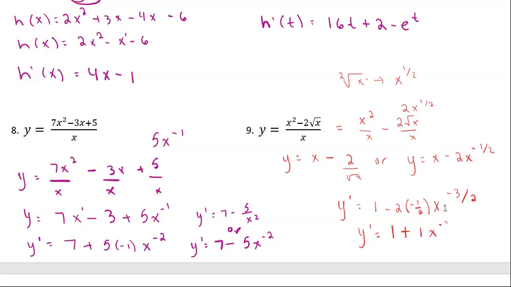We have x to the negative 3/2. It's a 1, an understood one. You don't have to write that. And you could, if you wanted to, switch it to, I'll put an or right here so that you know you can do either, y prime equals 1 plus 1 over x to the 3/2. If you didn't want to have the negative exponent, you could write it that way as well.